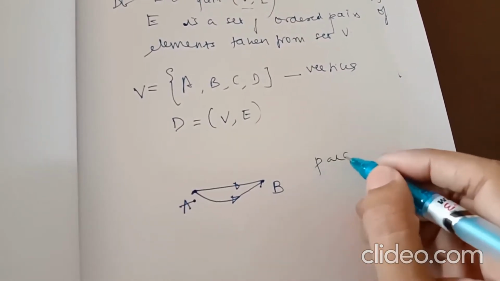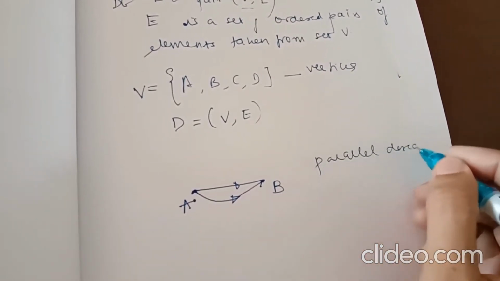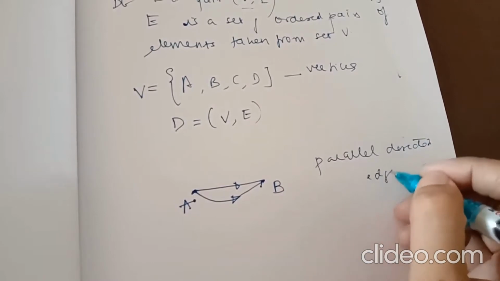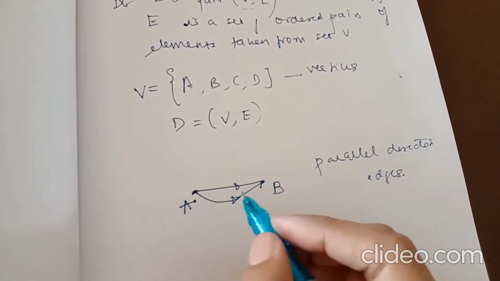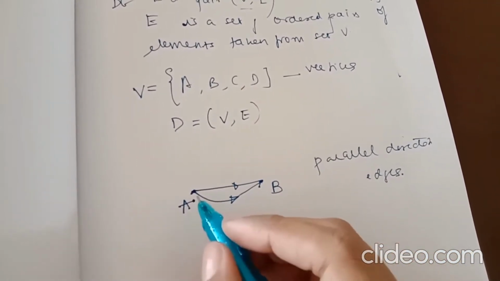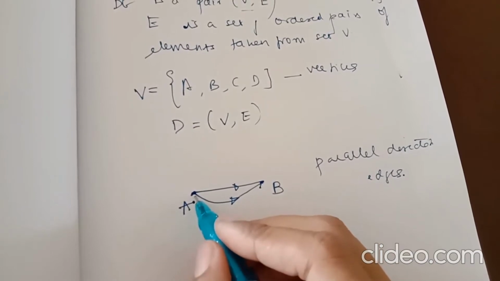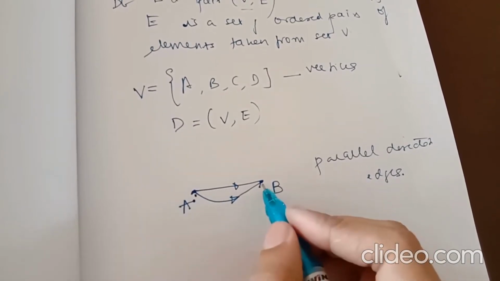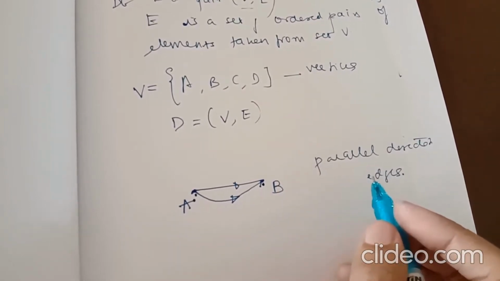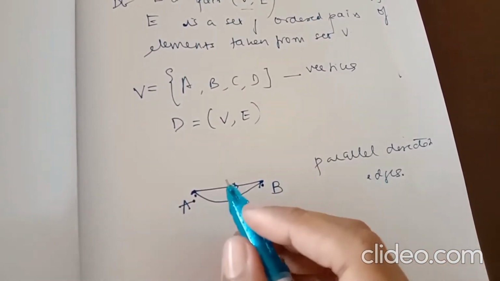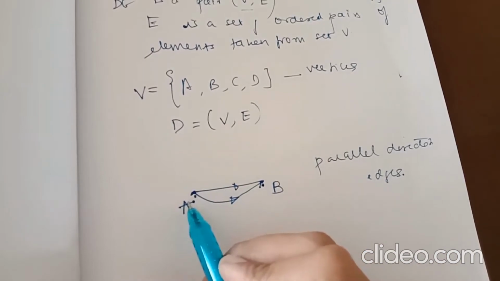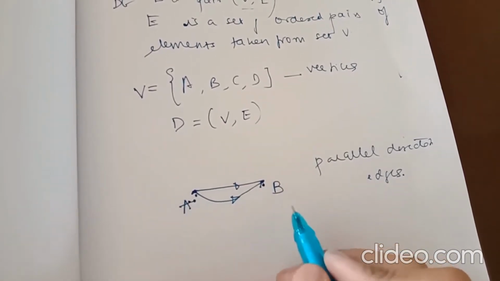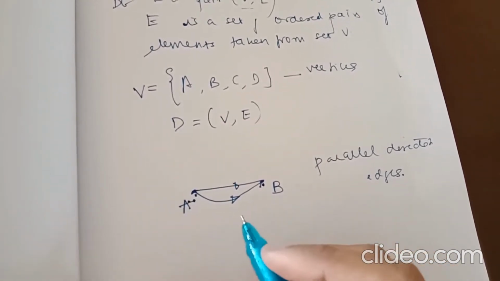These are called parallel directed edges. Why are they called parallel directed edges? Because we have 2 directed edges starting from the same initial vertex and having the same terminal vertex. The directed edges having the same initial vertex and the same terminal vertex are called parallel directed edges.